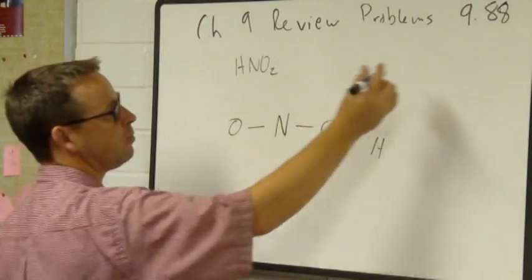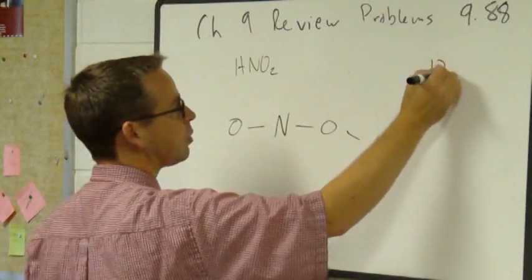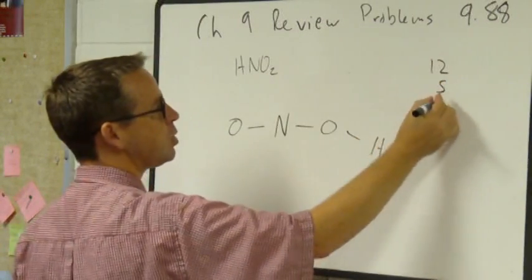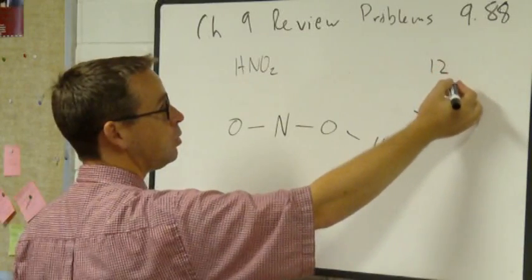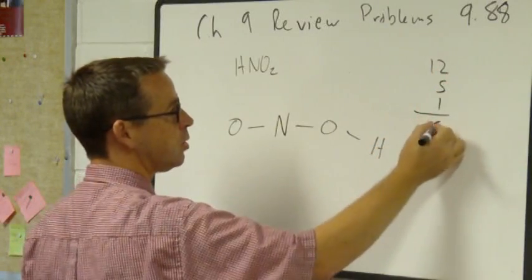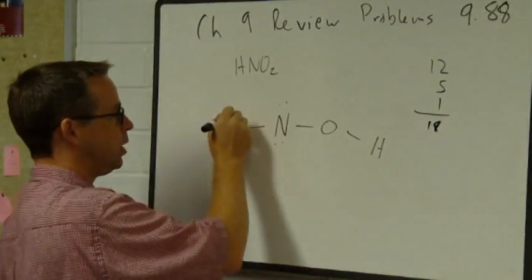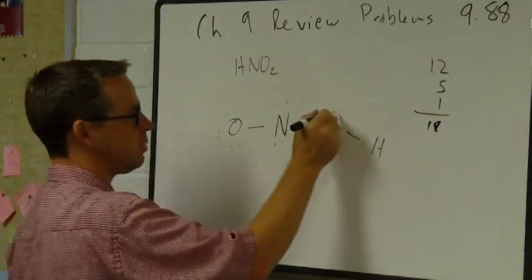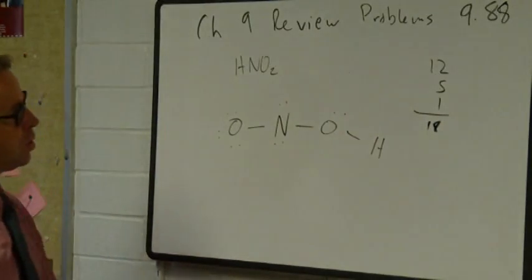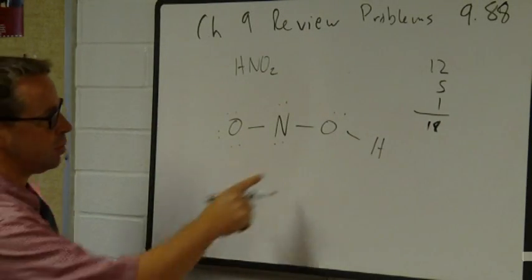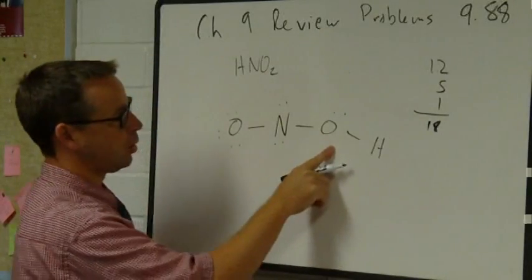So we can add up how many valence electrons, 12 from oxygen, 5 from nitrogen, 1 from hydrogen, 12, 17, 18 altogether, 1, 2, 3, 4, 5, 6, 7, 8, 9, 10, 11, 12, 13, 14, 15, 16, 17, 18. All right, so we didn't quite fill up this one here. We need 2 more here.